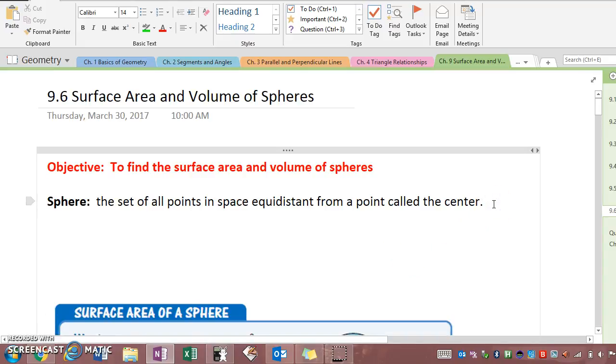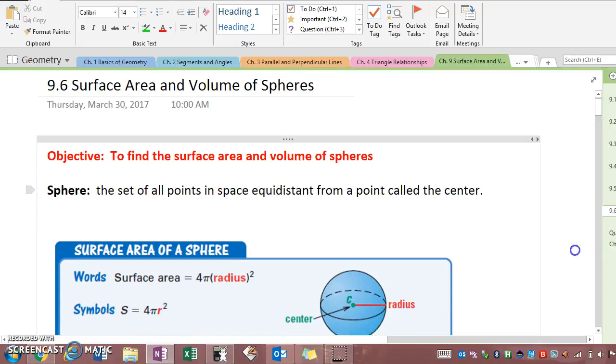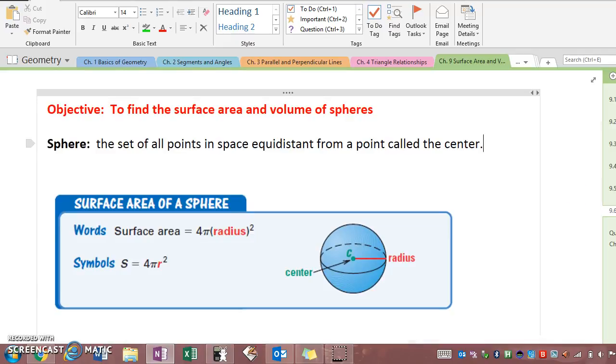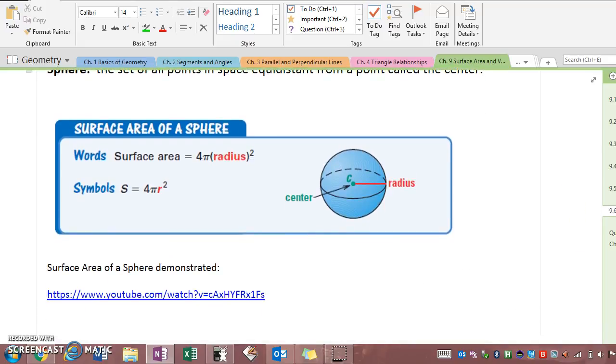So the formula is a pretty easy formula, but it's kind of difficult to see why it's like that. Why is the surface area of a sphere 4 times pi times radius squared? I'm not going to explain it in this video, but there's an excellent video on YouTube that I strongly recommend, and here's the link right here.